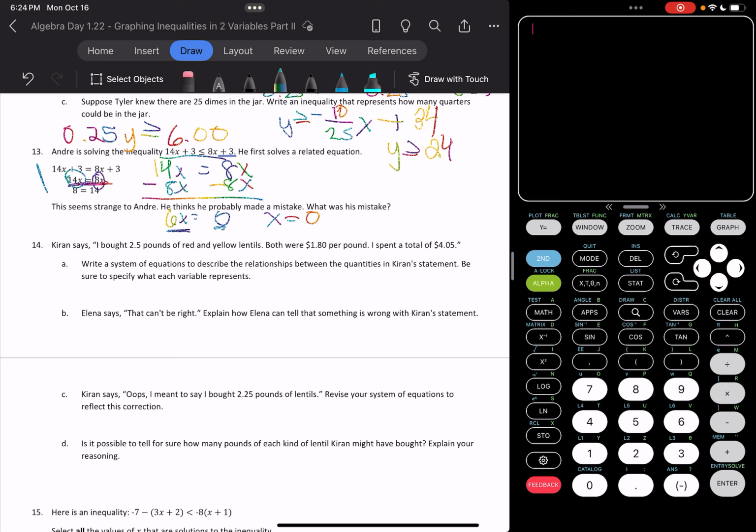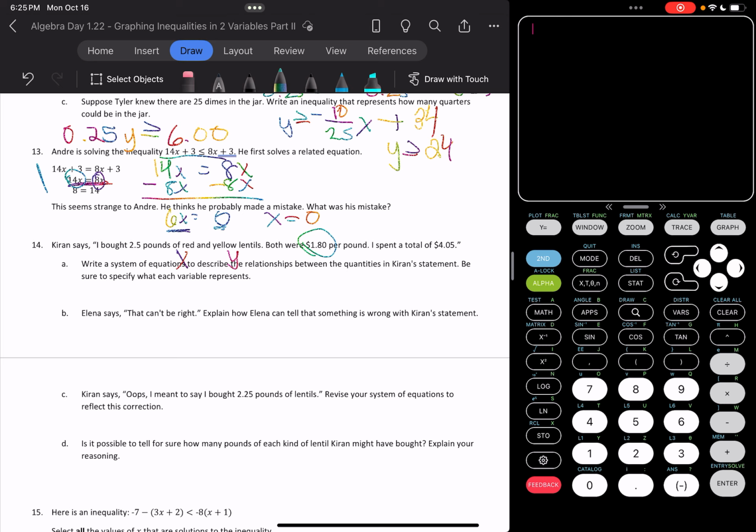So let's say that we decide the red lentils are X and the yellow lentils are Y. And this person says, I bought 2.5 pounds of red and yellow, but they were $1.80 per pound. I spent a total of $4.05.